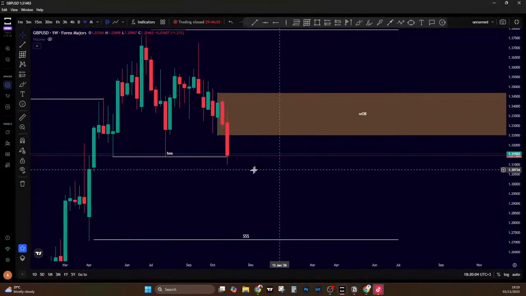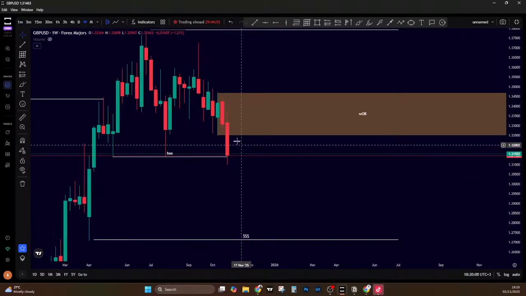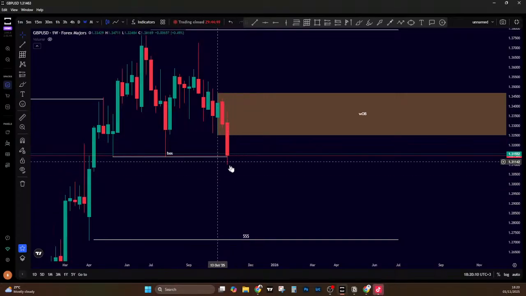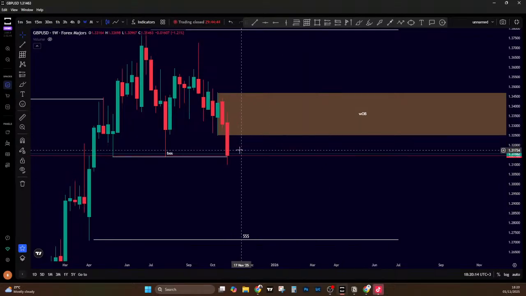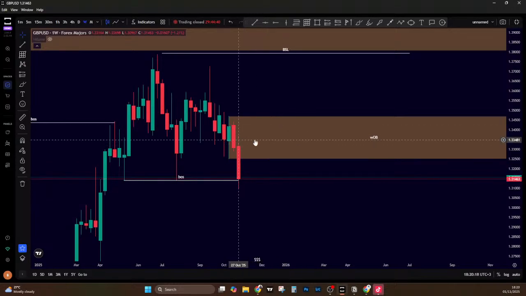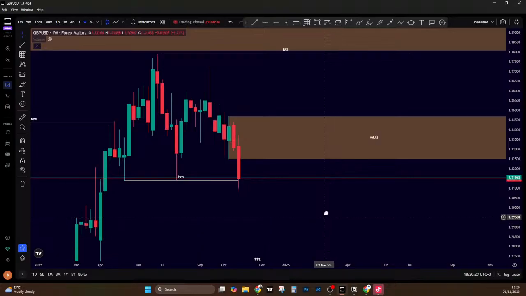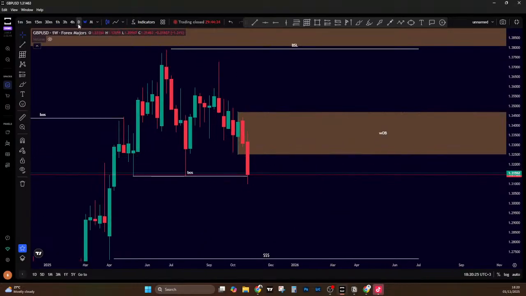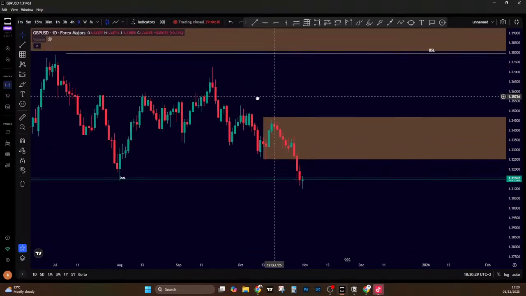So we've said that since the market took out liquidity and went back up, we know that from Monday this market would want to buy until it gets back to our order block, and then it continues to sell. Okay, so let us look at what is happening in the daily time frame.